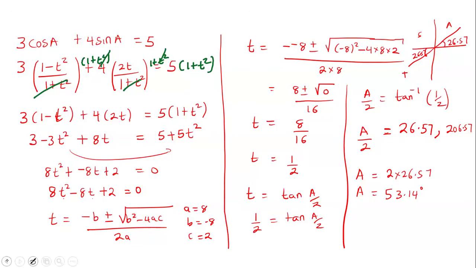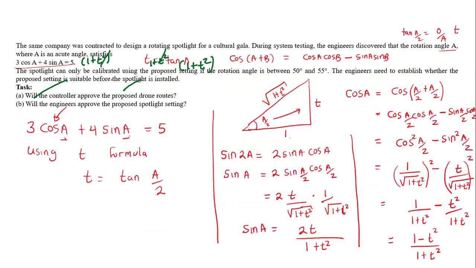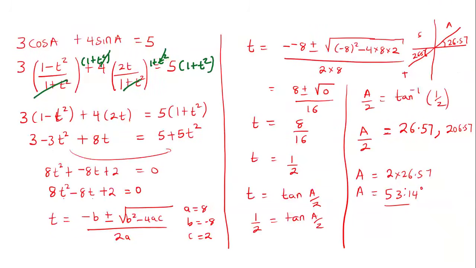When you go back, you notice that our item wanted us to check whether the angle we are obtaining is between 50 and 55. So when you look at the answer we have obtained, our answer is 53.14, and you notice that that angle is between that.